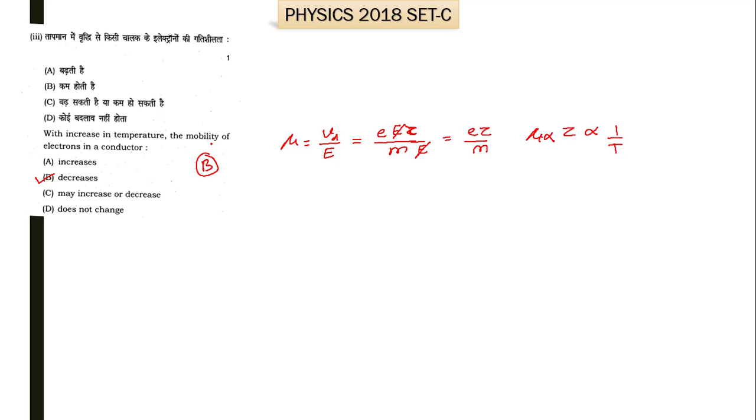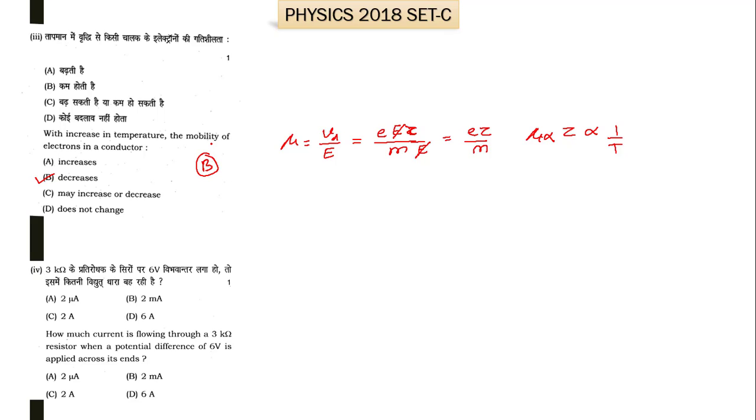Now moving towards the fourth part of question number 1. It says how much current is flowing through a 3 kilo ohm resistor when a potential difference of 6 volt is applied across its ends. We know that current flowing through a conductor I is given by V upon R. This is the simple relation from Ohm's law.